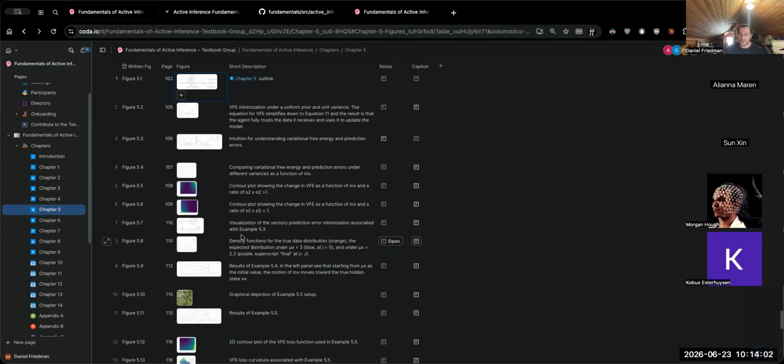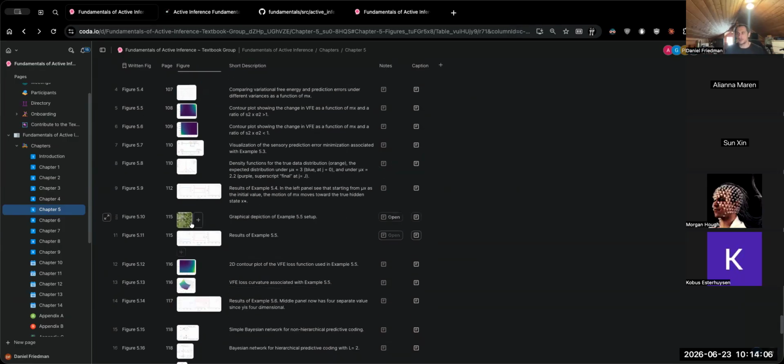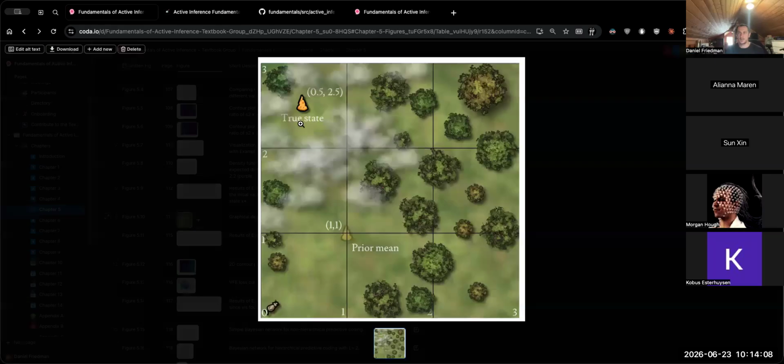Example 5.5 on page 115 is going to be a two-dimensional grid example. So here, that's where X star is used correctly. The external states of the environment are indicated by the vector X star, which is within R squared.